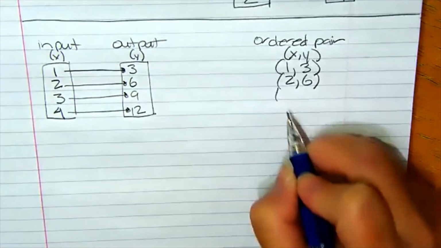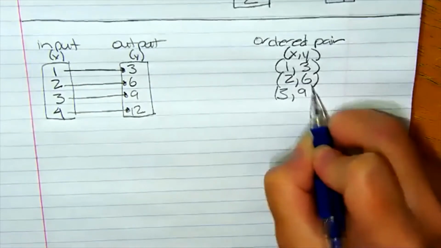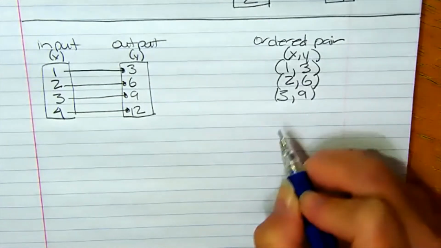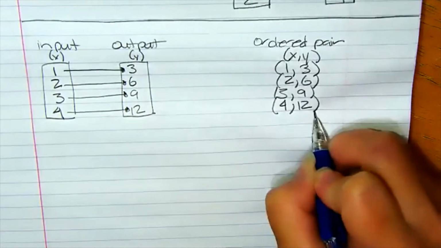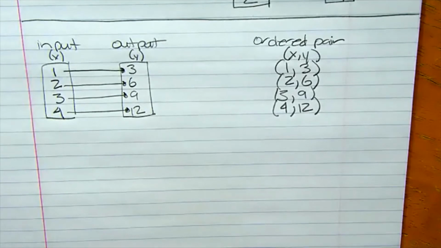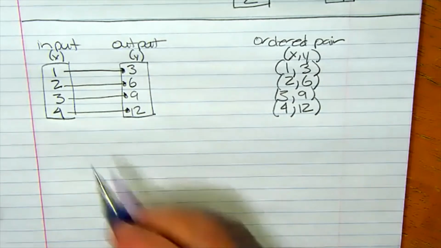If we input 3, it spits out 9. If we input 4, we output 12. Okay, so that's it.